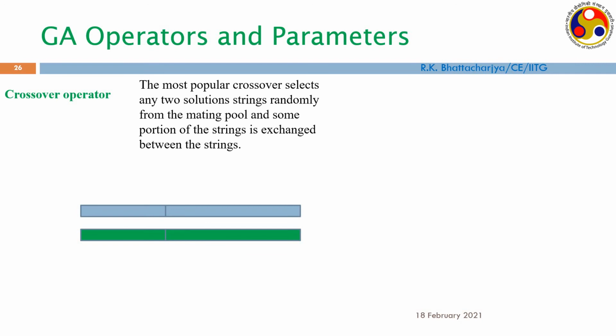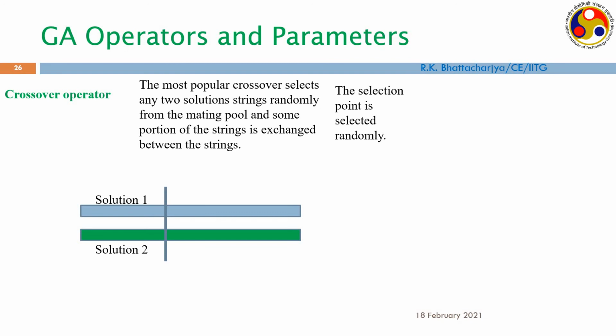between the strings. So what we are doing is selecting two solutions from the mating pool. If you take the example problem we have discussed, we have 6 solutions in the mating pool after implementation of the selection operator, and from those 6 I am just taking 2 solutions.